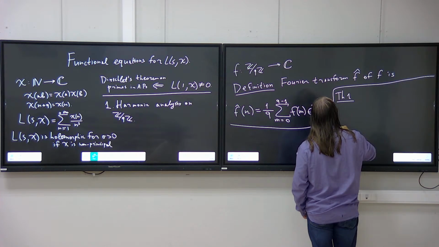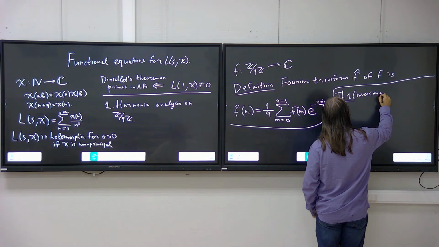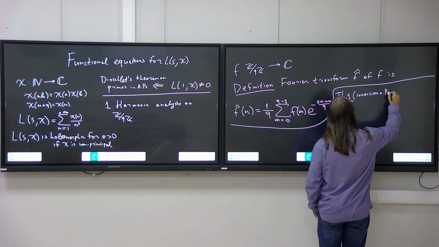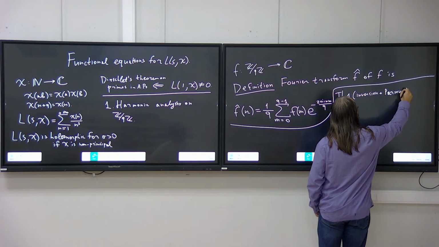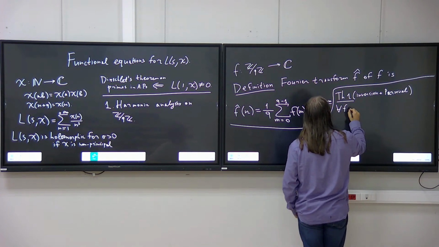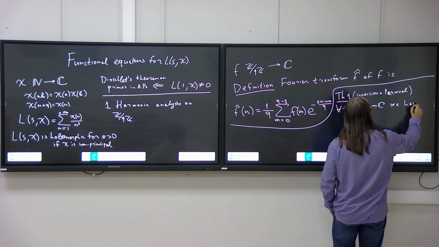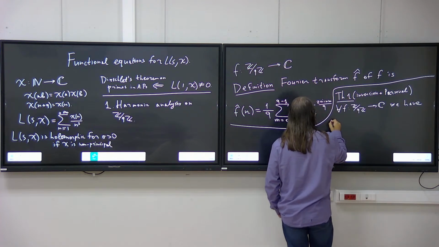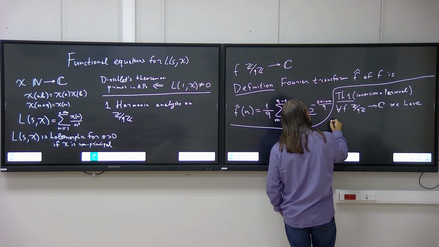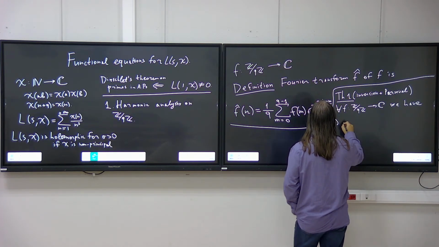Theorem 1, inversion plus Parseval. For any f from our group to complex numbers, we have, first of all, let us denote it by A, the inversion formula.